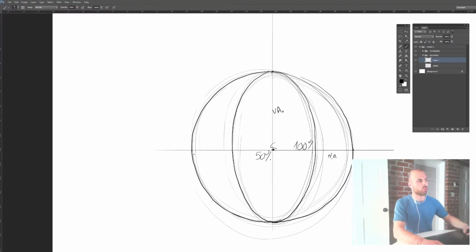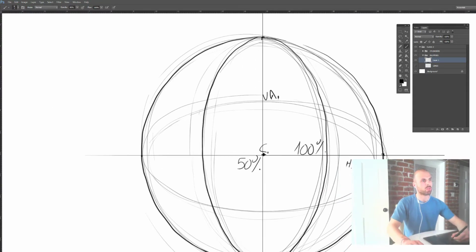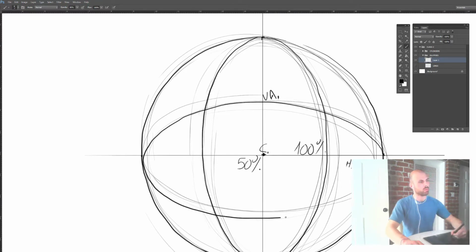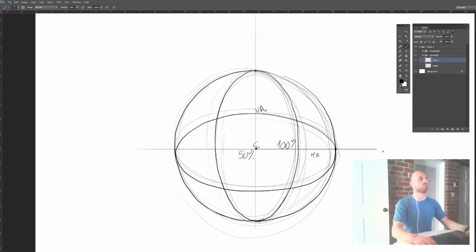Of course, I can do the same thing horizontally, so I can sketch basically an ellipse like this, which represents the circle that has been stretched horizontally.